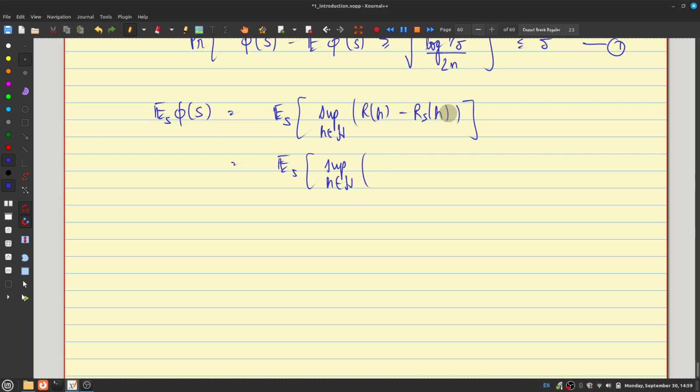It's just the expected value of Rs of h, right? I can write this as expected value with respect to some other training set, which is IID, let's say independent of S, of Rs prime of h minus Rs of h.